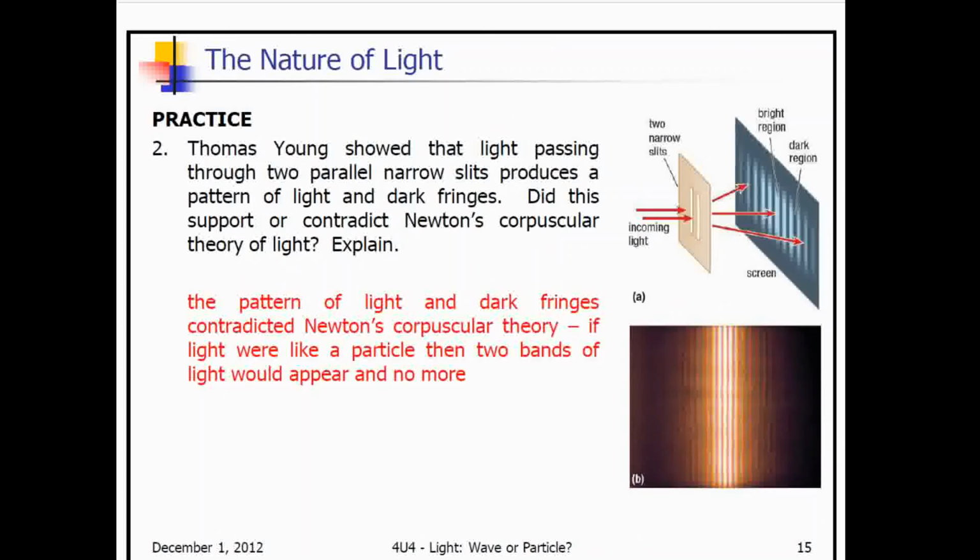Next here it says Thomas Young showed that light passing through two parallel narrow slits produces a pattern of light and dark fringes. Does this support or contradict Newton's corpuscular theory of light?